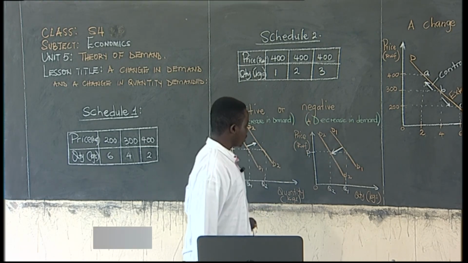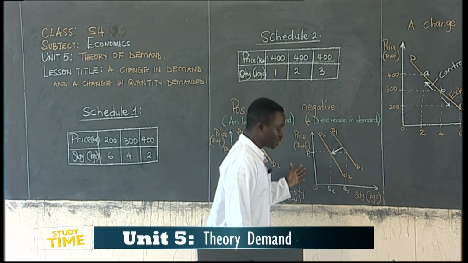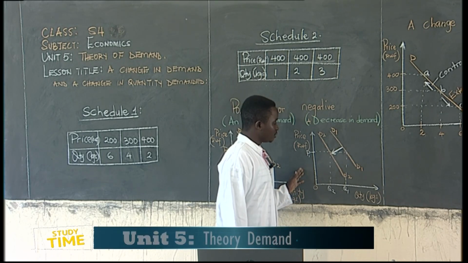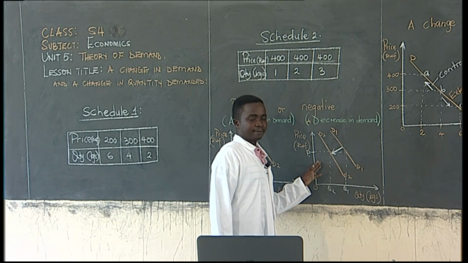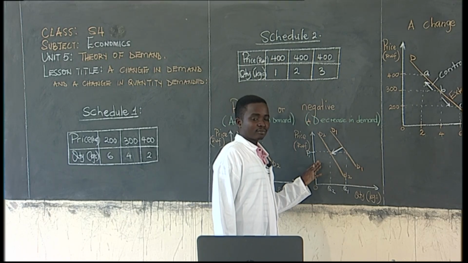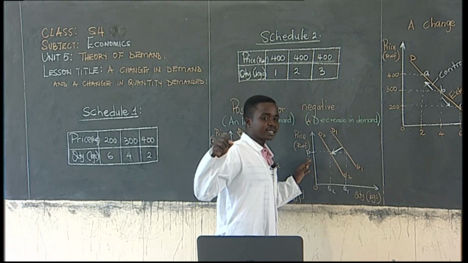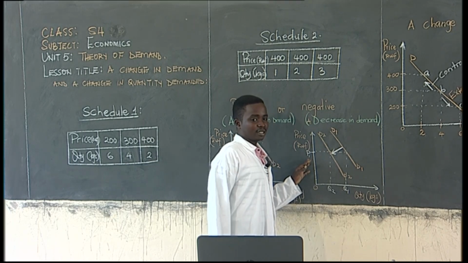Now, ask yourself, what could be factors that would cause such a situation? Our price is constant. Remember, it is not changing. So look at other factors that influence demand.